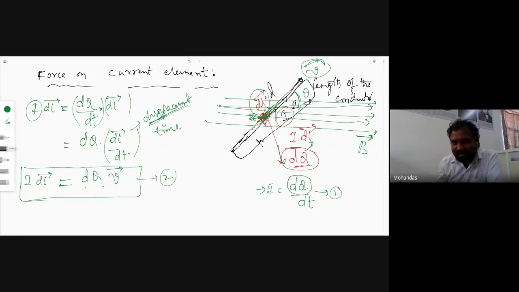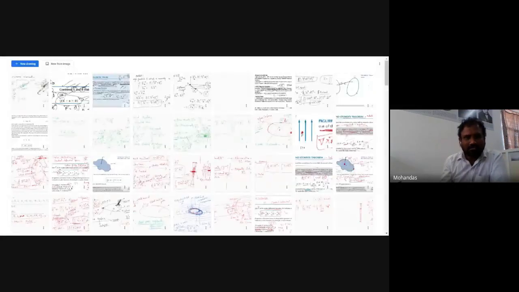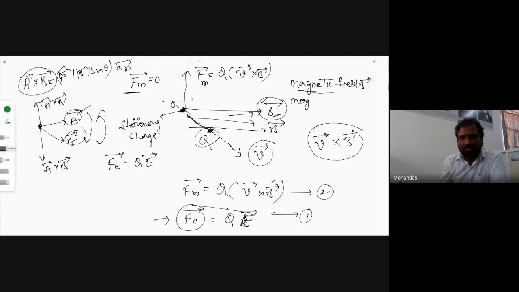Just now we have discussed the force experienced by the charged particle. What is the formula for that force? First, these are the charged particles, the electrons. What is that force, Rahul?